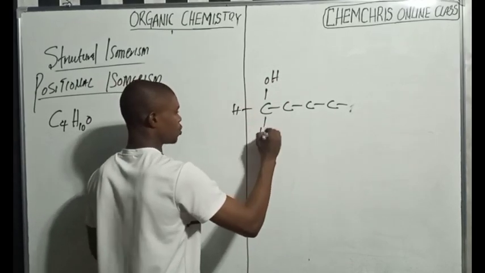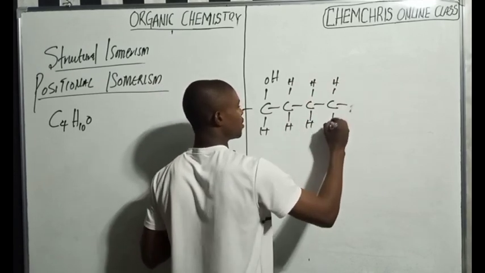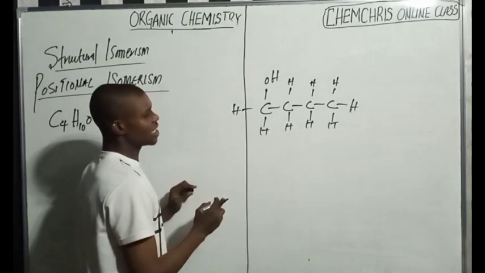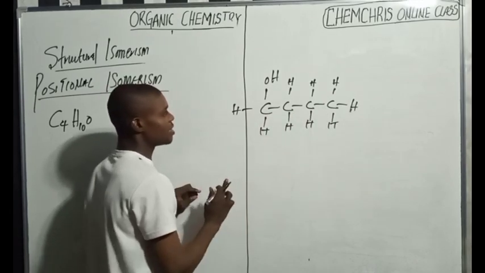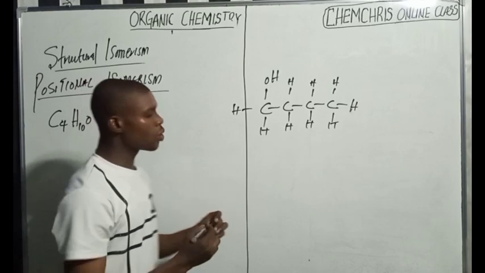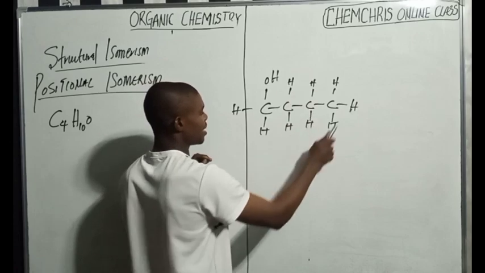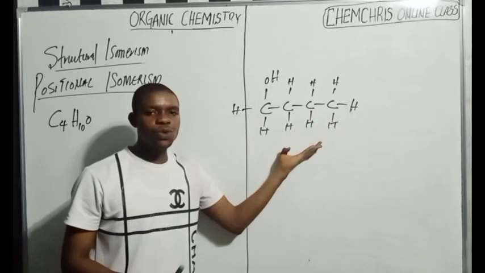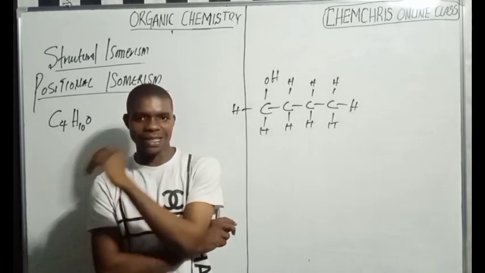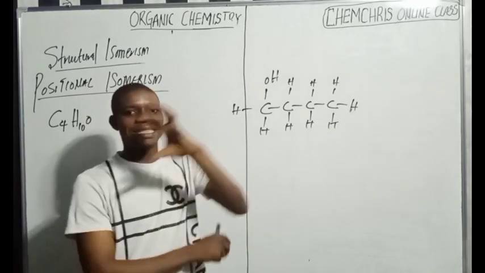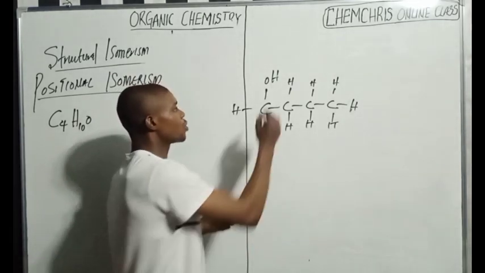Let me count the number of carbon atoms: 1, 2, 3, 4, and it has one oxygen. Now the number of hydrogen: 1, 2, 3, 4, 5, 6, 7, 8, 9, 10. Do you understand? So this one is an alcohol. Now, why do we have positional isomerism? Positional isomerism means that they have the same molecular formula and the same functional group, which is the OH.